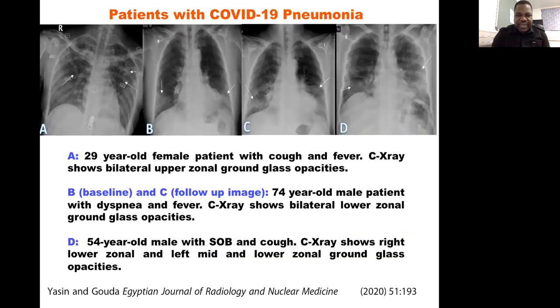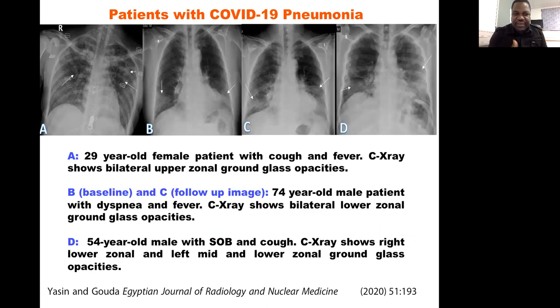Now, this is what we can see on the chest X-rays from these patients. We have 4 chest X-rays here. The first patient, patient A, is a 29-year-old female who presented with cough and fever.